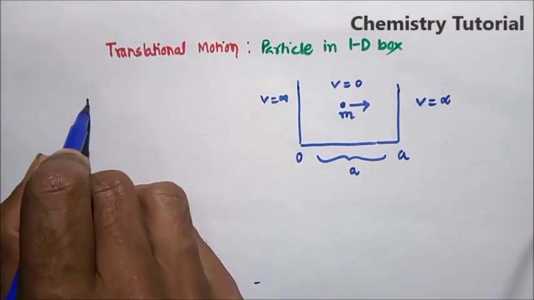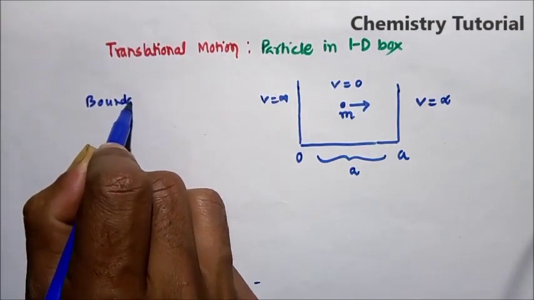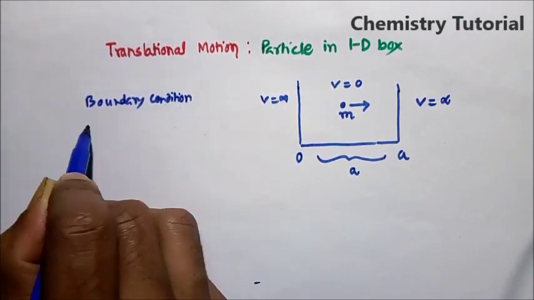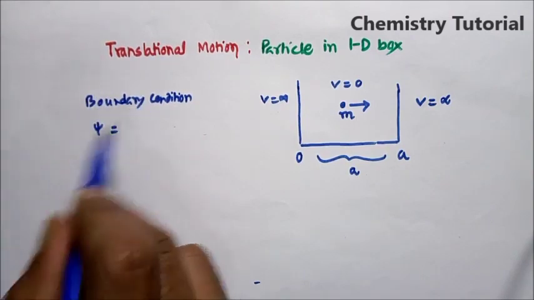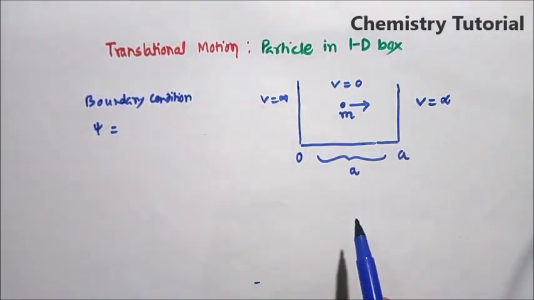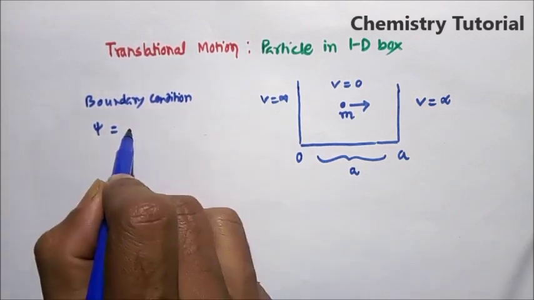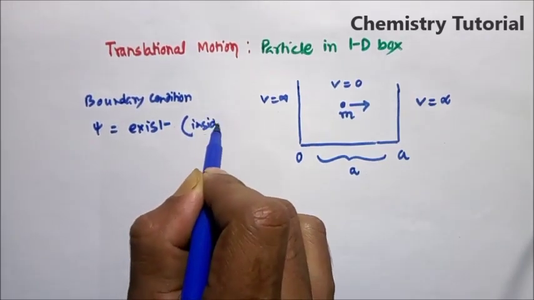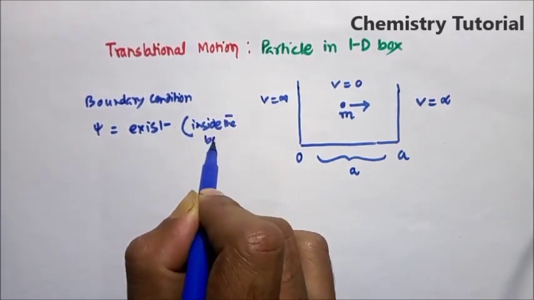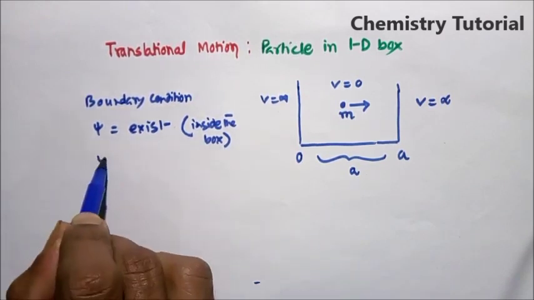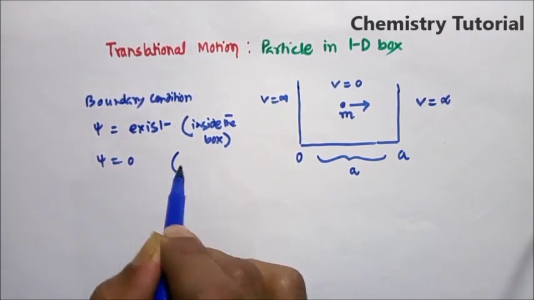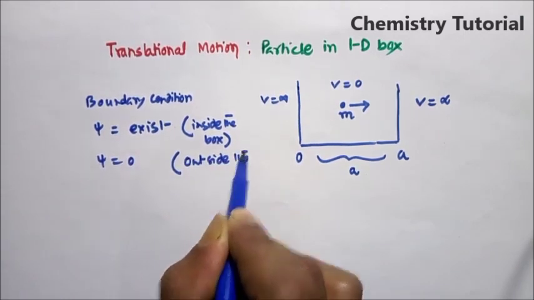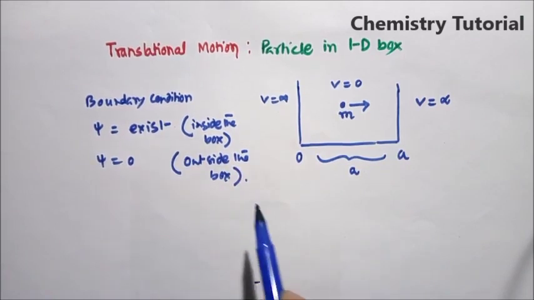We also consider a boundary condition: the wave function psi, which we use to describe this quantum mechanical system, exists inside the box, but outside the box it vanishes, it will not exist. This boundary condition we consider.